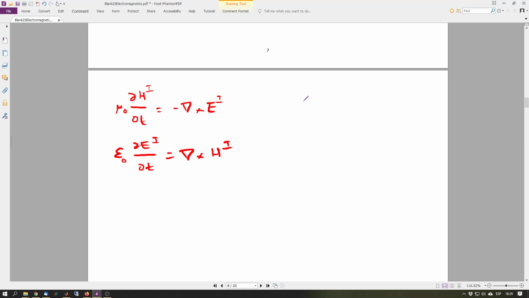And the total field is also satisfying our equations, but instead with a mu, which is where the obstacle is, the material properties where the obstacle is placed.